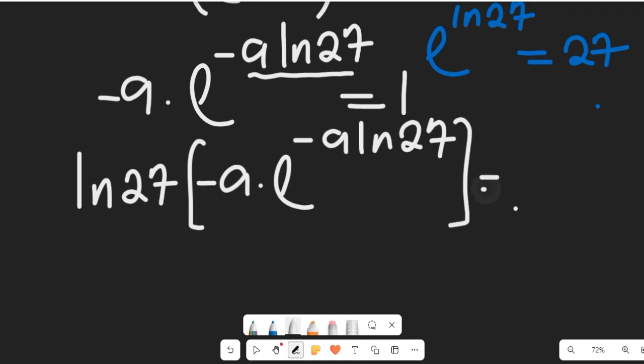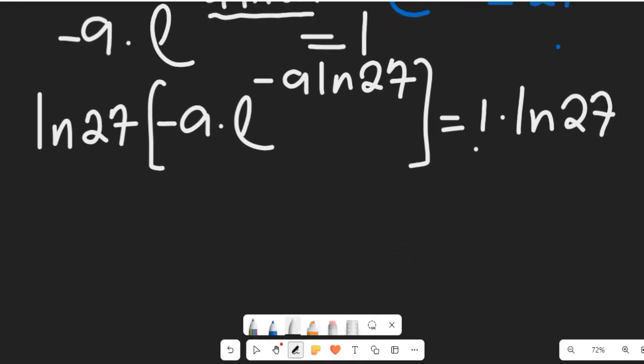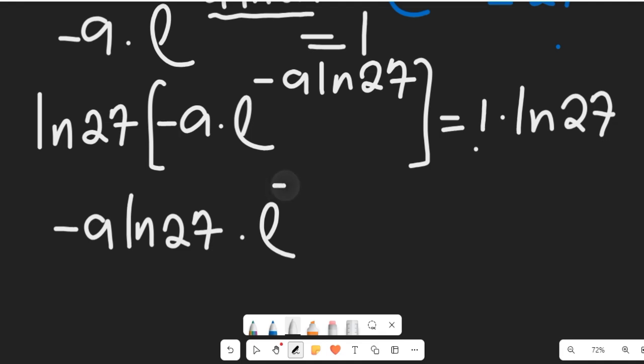And this will be equal to the ln of 27, 1 multiplying the ln of 27. Because what I've done to the left hand side, I'll definitely do to the right hand side. So that whole expression will now give me negative a multiplying the ln of 27, and this will be multiplying the exponent value of negative a ln of 27, and this will be equal to the ln of what?